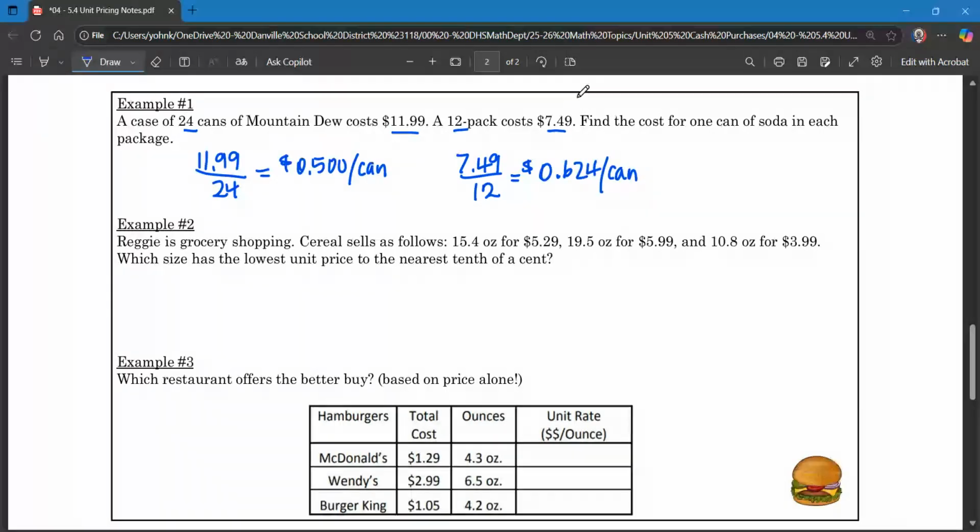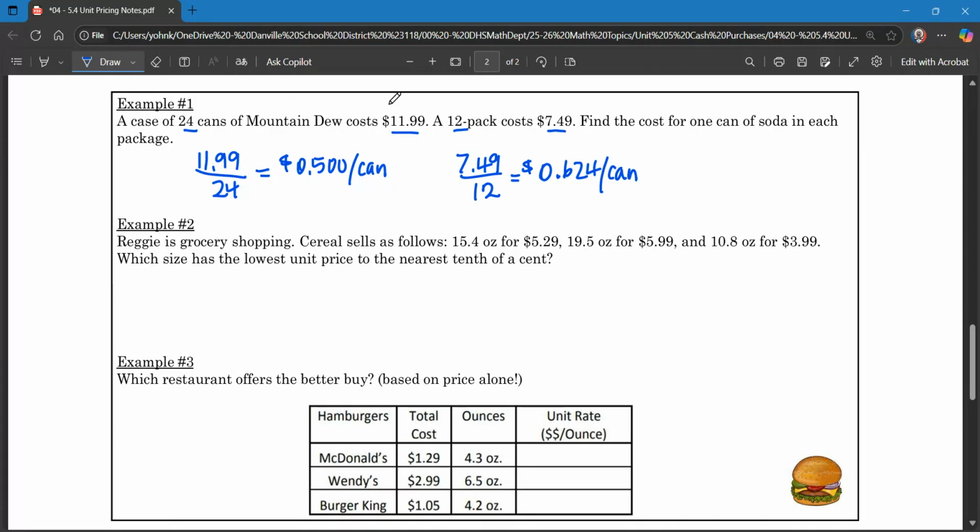So notice the smaller quantity and the smaller amount of dollars is actually more expensive can for can. So the cost per can is always going to be different depending on how much the package costs and how many you get.